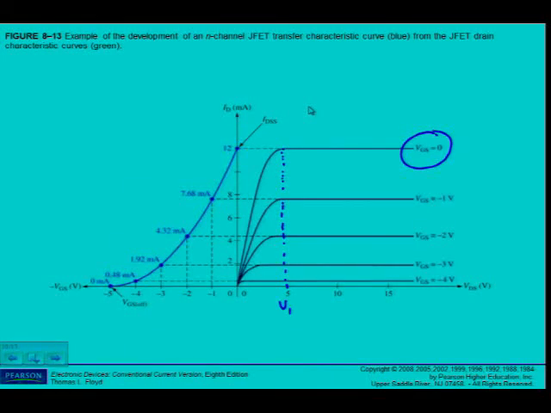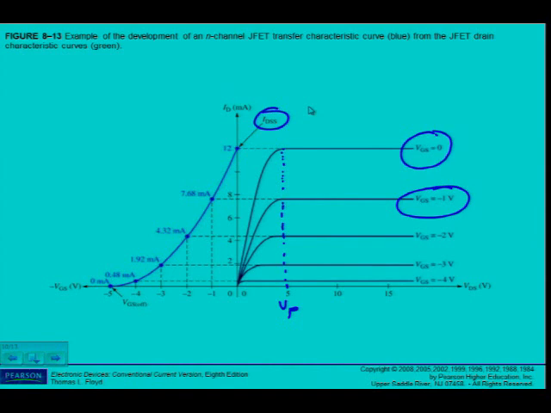V pinch off. So we've got V pinch off there, and we know that value is IDSS. Alright, of course we get pinch off voltages for other values of VGS as well, but that is not V pinch off.